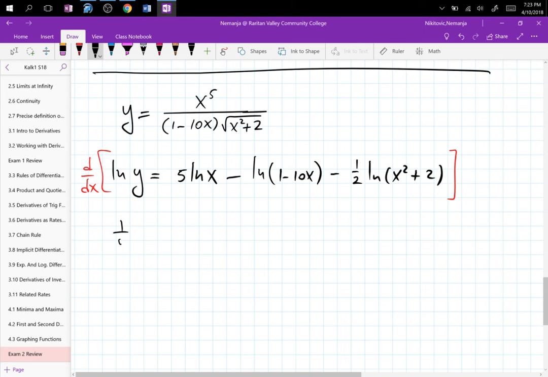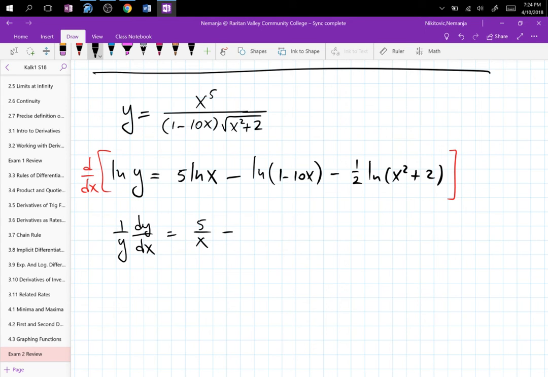So that gives us 1 over y dy dx is equal to 5 over x minus 1 minus 10x. The derivative of this is negative 10, which goes up as a chain rule.